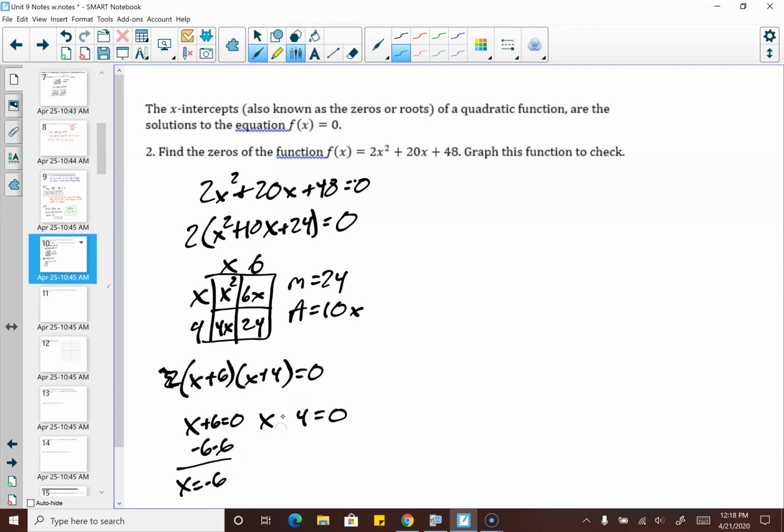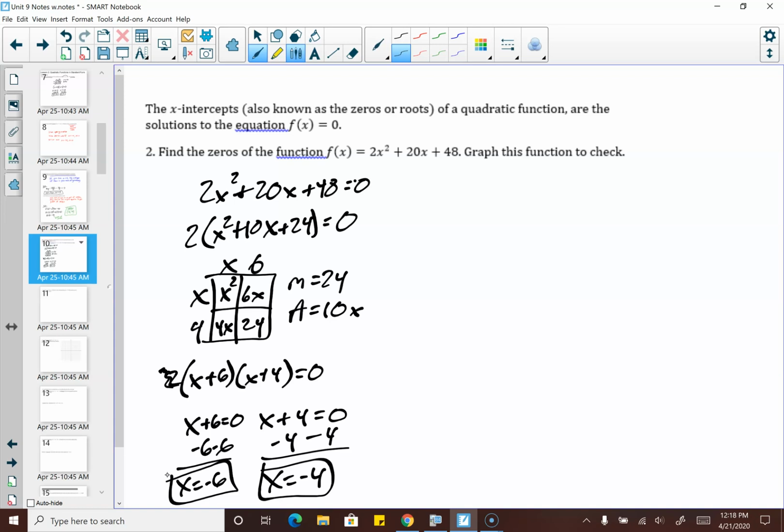Oops, sorry, I already wrote down the answer there. I meant to write x plus 4 equals 0, so I can go minus 4, and you get x equals negative 4. So since those are our zeros, that should also be our x-intercepts on the graph.